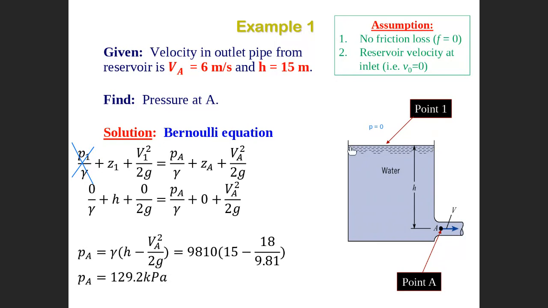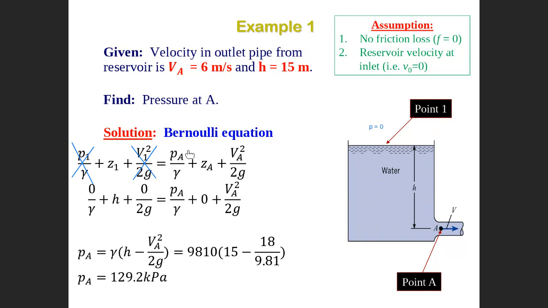Because the area here is very big and the area at the outlet is very small, so there is a movement at the surface, but it is very slow compared with the velocity of the liquid moving out from the opening. So the surface velocity is insignificant and usually considered 0. It is an assumption to make the solution easier, because finally it is an approximate solution, not an exact one. So V1 equals 0 and P1 equals 0.